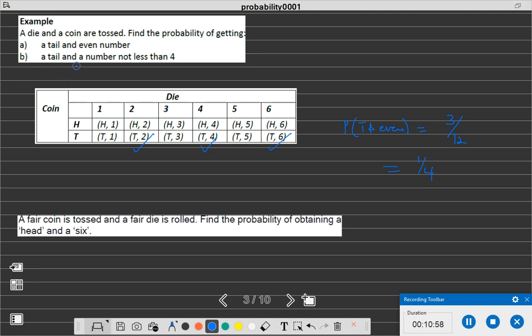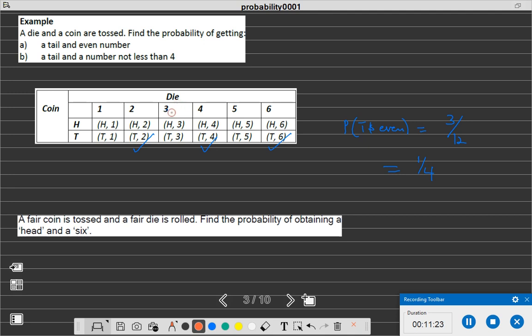Now a tail and a number not less than 4. The number must be 4 or greater. That means we take 4, 5 and 6. If they say not less than 4, even the 4 is inclusive.